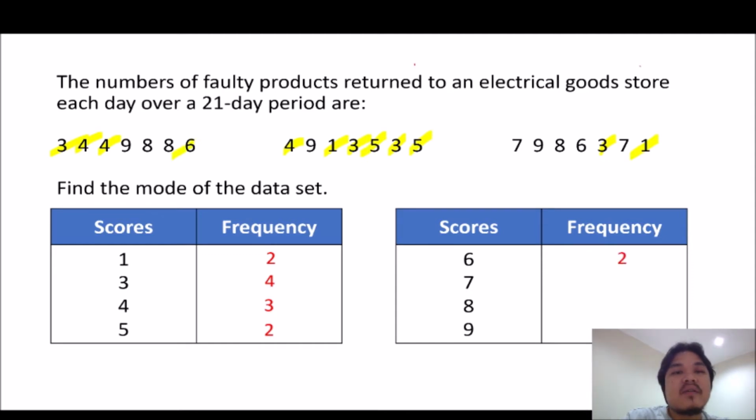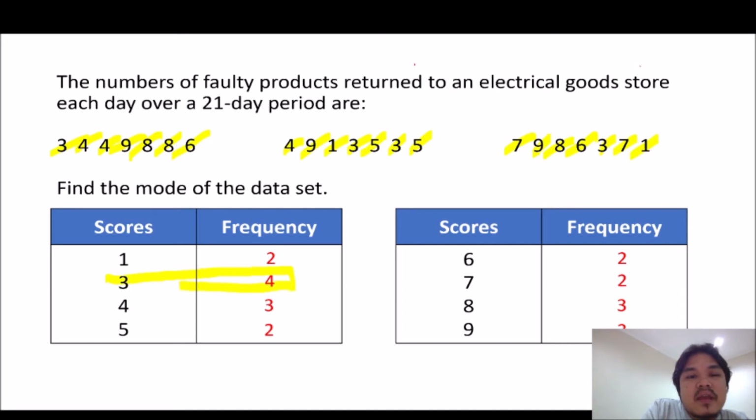For 6, also 2. For 7, also 2. For 8, it appears 3 times. For 9, also 3. Okay, so to find the mode of the data set, we're going to find the score with the highest frequency. So the highest frequency is 4, and the score is 3.